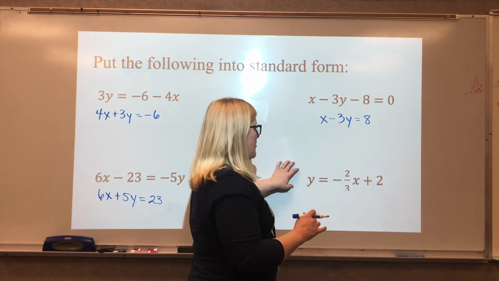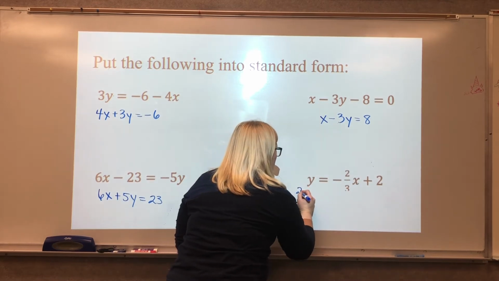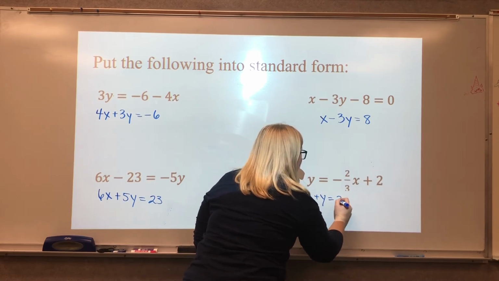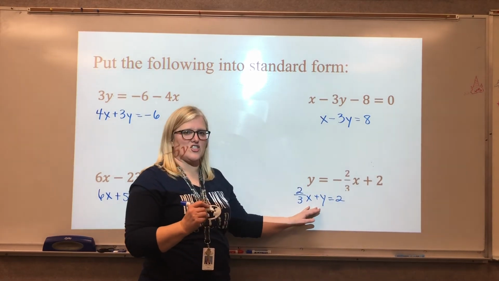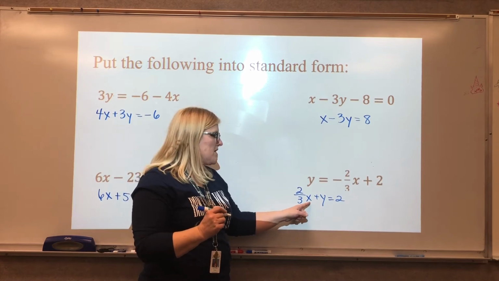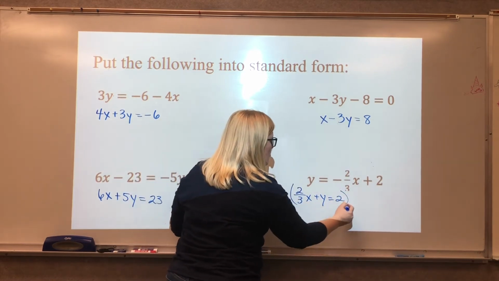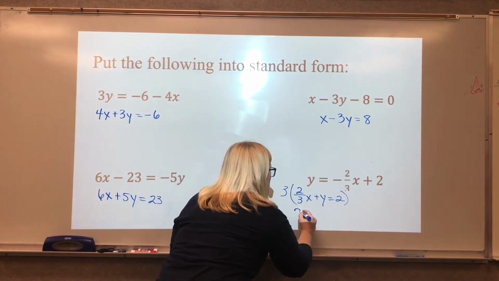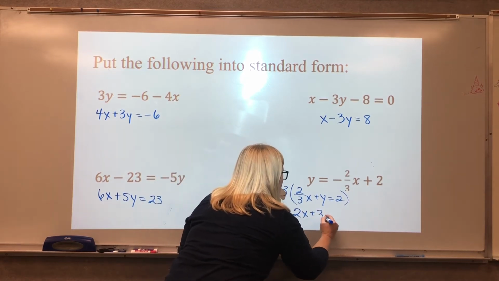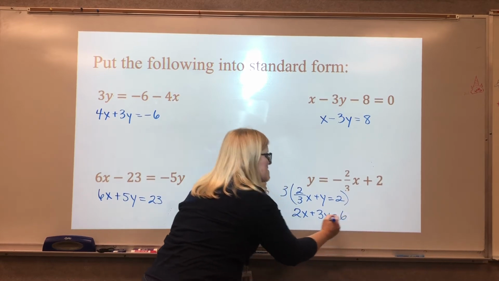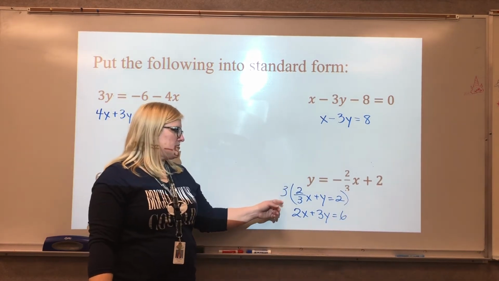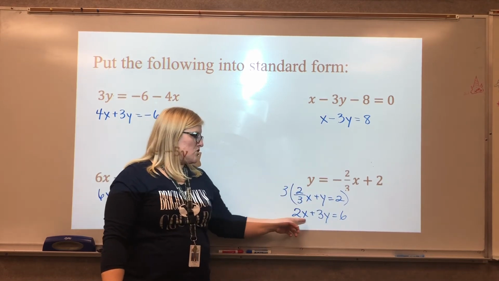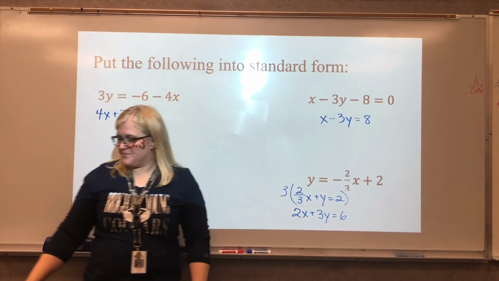We need to move the x over here, and we can't have any fractions. So I'm going to multiply everything through by my denominator. So this 3, when I distribute it to every single one of these, I get 2x plus 3y equals 6.